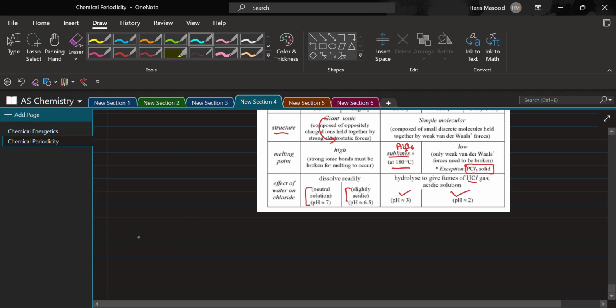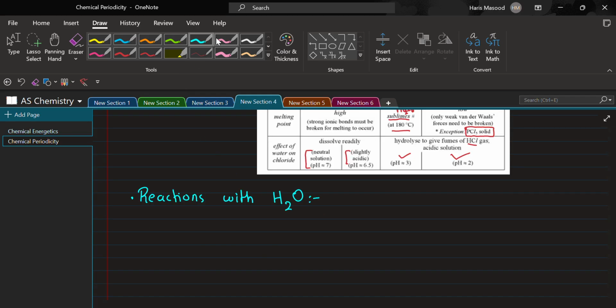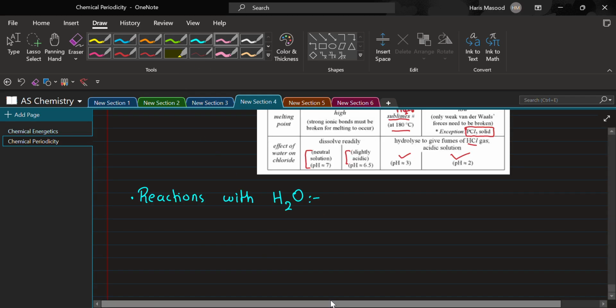Okay, so reactions with water. First is again NaCl. NaCl just dissolves in water to form a neutral solution.